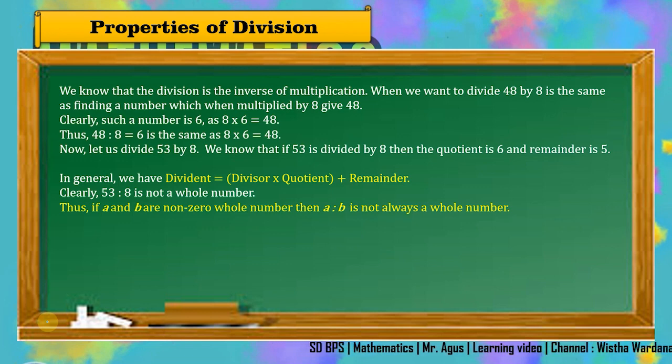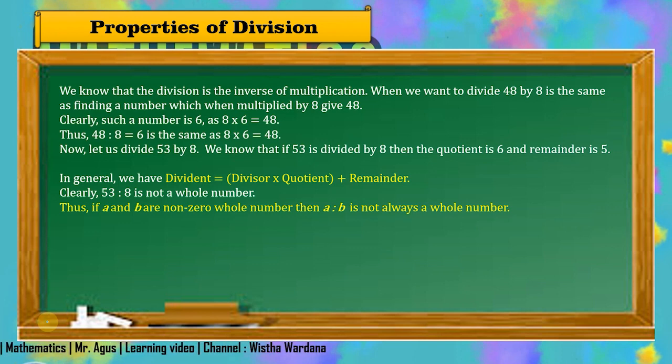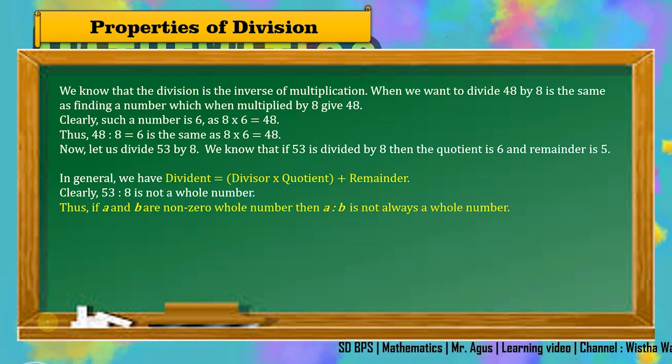Now, let us divide 53 by 8. We know that if 53 is divided by 8, then the quotient is 6 and the remainder is 5. So, actually, 53 is not divisible by 8.